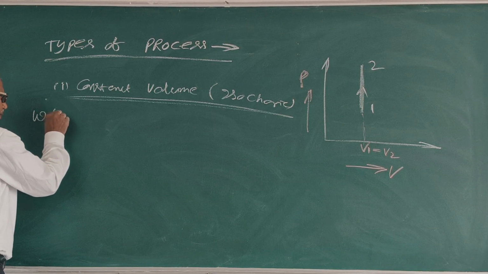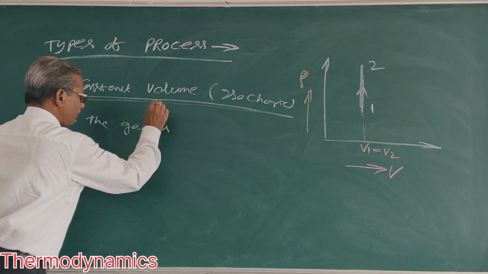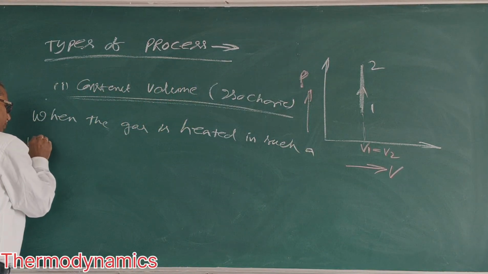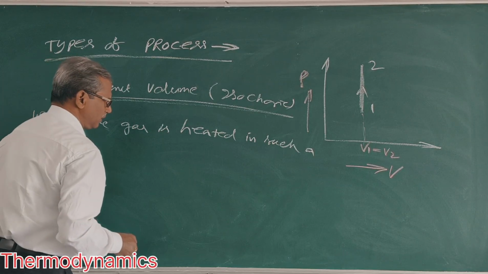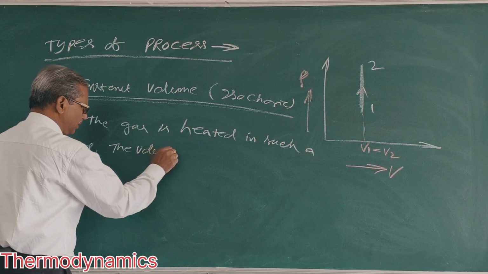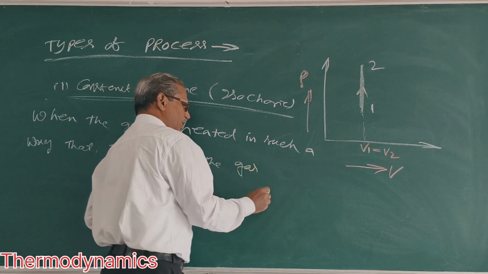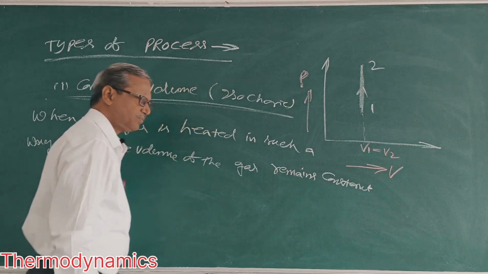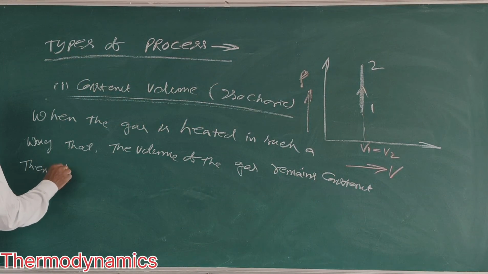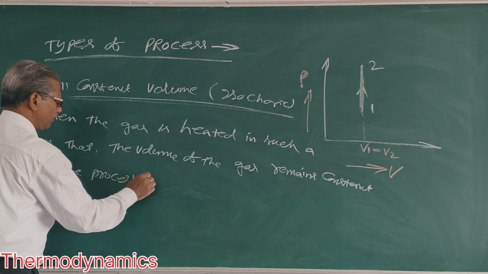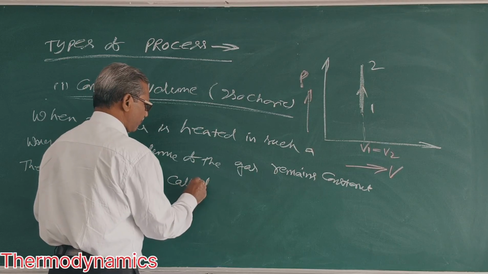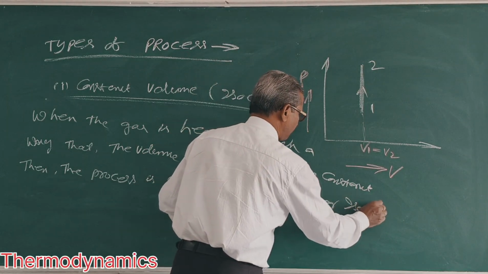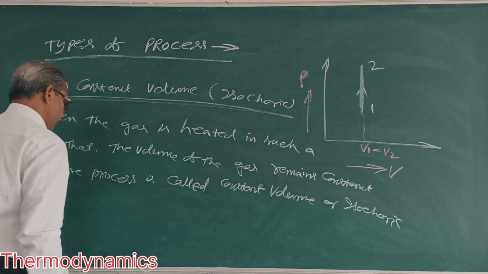I will explain what is constant volume process. When the gas is heated in such a way that the volume of the gas remains constant, then the process is called constant volume or isochoric process.